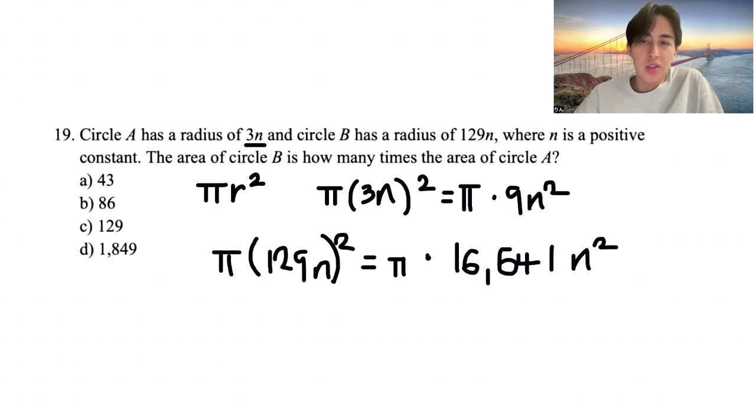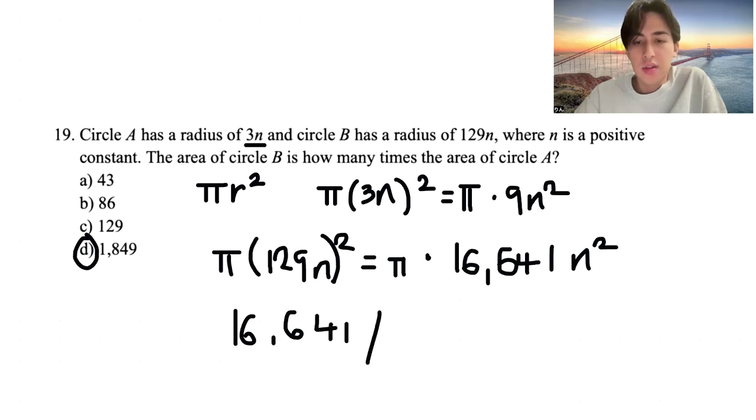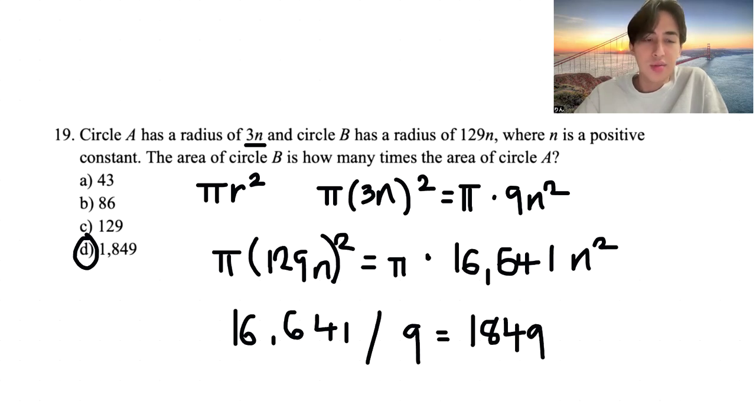When you plug that into the calculator, you'll get D, which is your answer. So 16,641 divided by 9 gives you 1849, which is your answer. And that will be all for today.